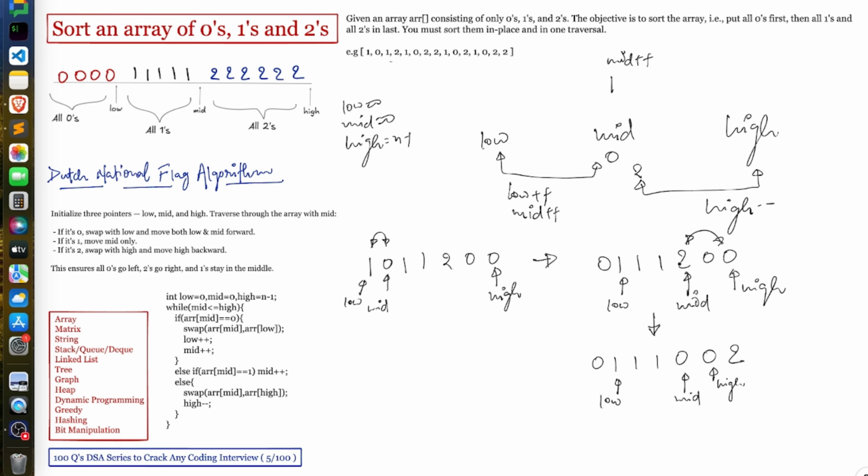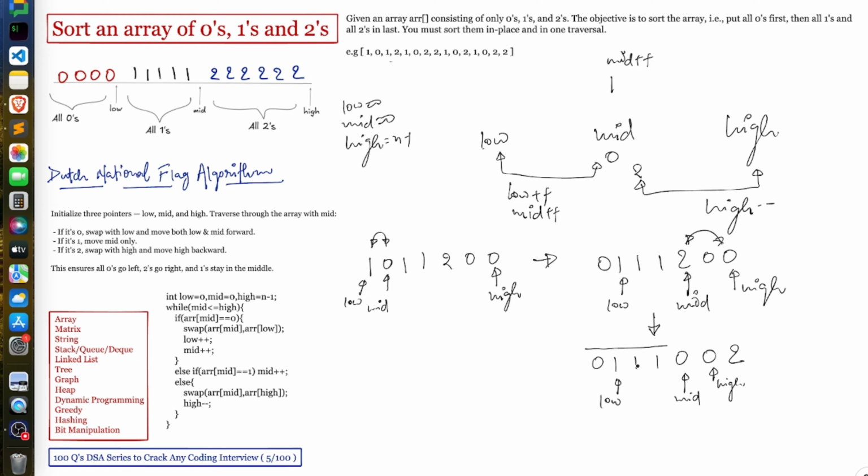If you observe here, you may think, why are we not doing mid plus plus here in the third step? The reason is, once you encounter 2 here, you swap with the high, right? We have swapped with high, but after swapping you encountered 0, right? So if you do mid plus plus, just think about it. This array is sorted, right? 0 1 1 1.